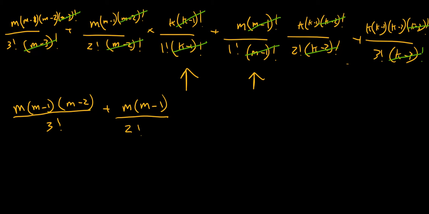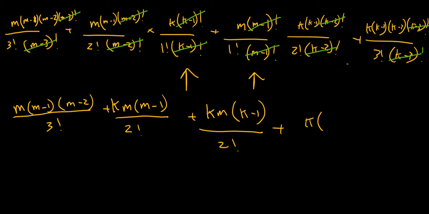Don't forget multiplied by K. We have KM here, K subtract 1 all over 2 factorial, plus K subtract 1, K subtract 2 all over 3 factorial.